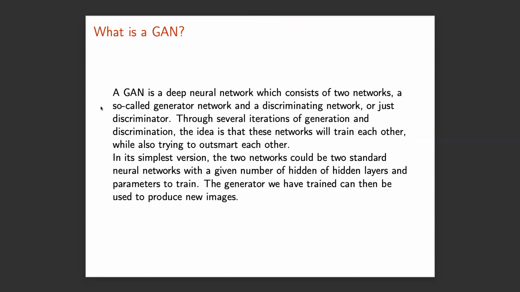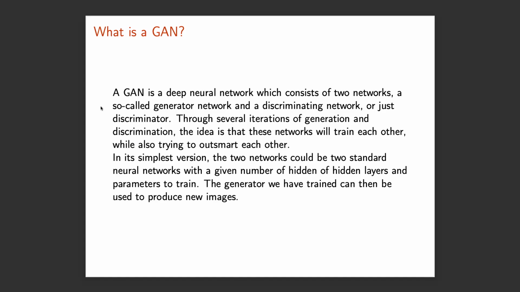Okay, so a generative adversarial network is actually a deep neural network which consists of two networks. And these networks can actually be standard neural networks. So you have one network which is called a discriminative or discriminating network, or just discriminator. And then you have another one which is called a generative network.